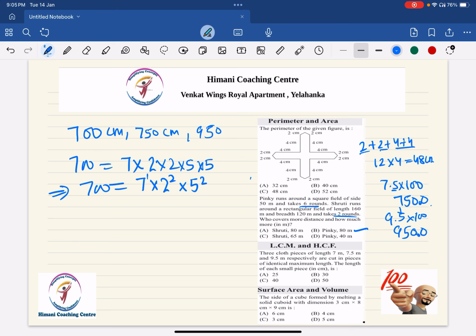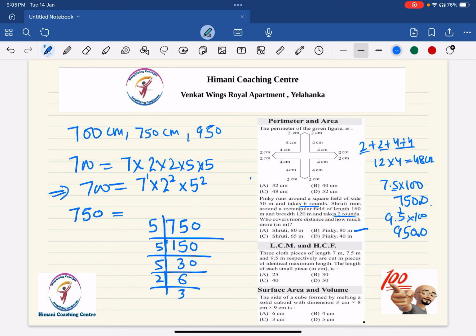Now let us look at 750. Okay. So now how will you write? Let me show you the way you would be doing. So you can see this is divisible by 5. So you will do 5. 5 ones are 5, 5 fives are 25. Then again it is divisible by 5, so 30. Again divisible by 5, 6. Now divisible by 2, 3.